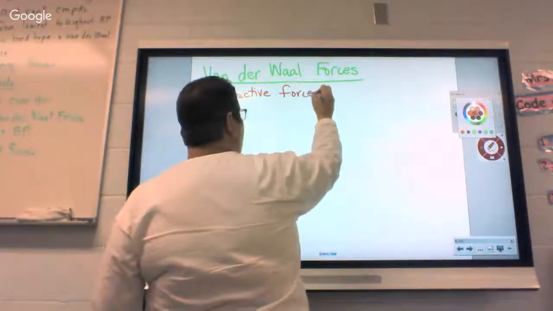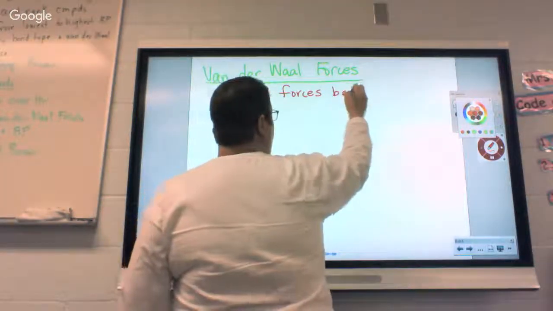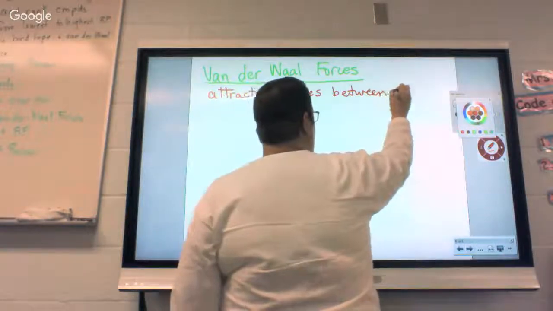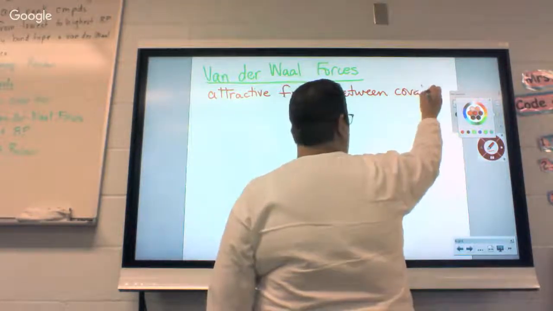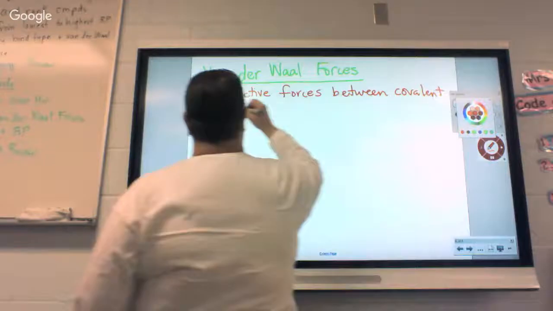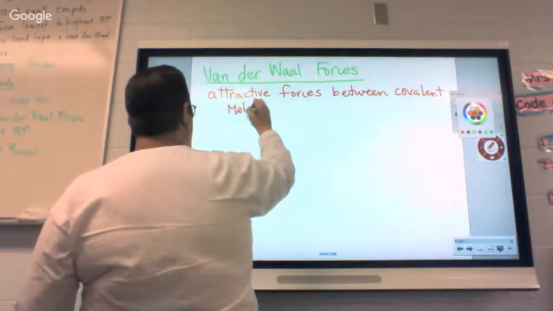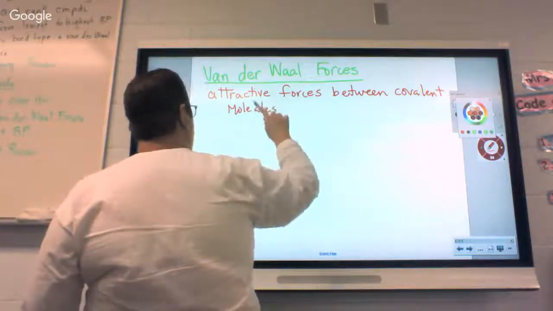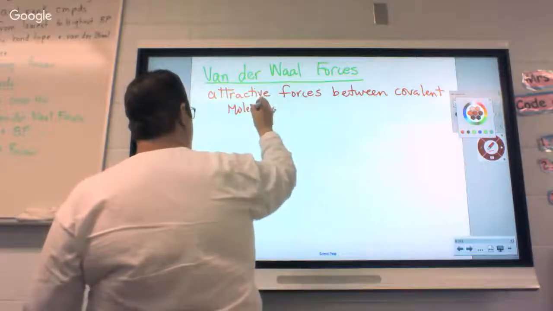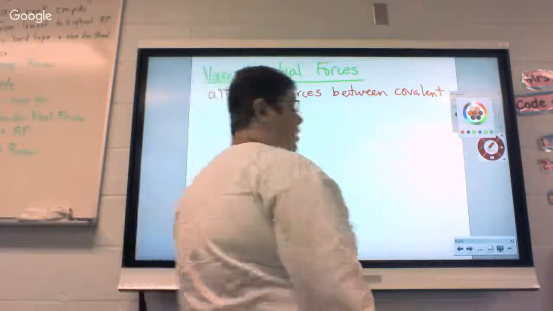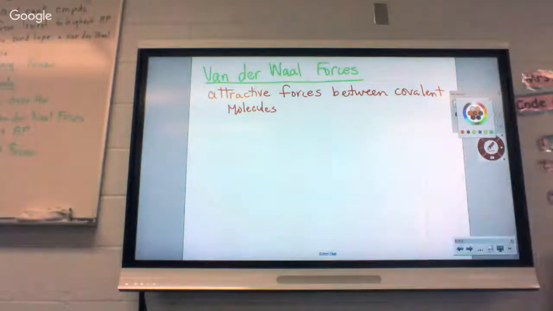These are attractive forces between covalent molecules. So, first of all, if they're covalent molecules, we're only talking about sharing. Covalent. Two non-metals.